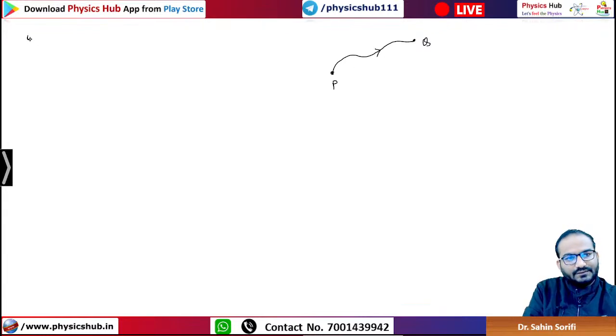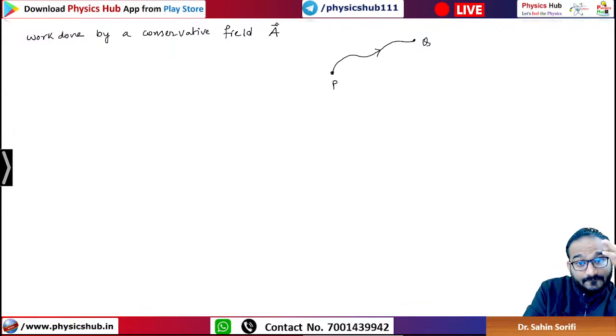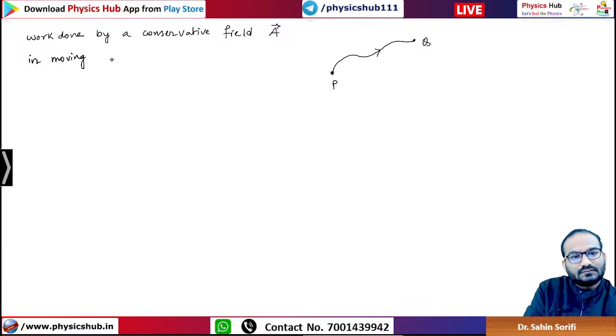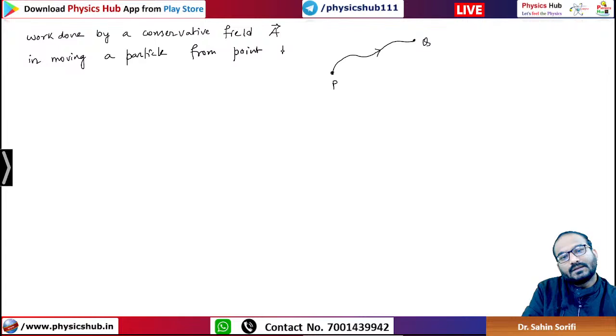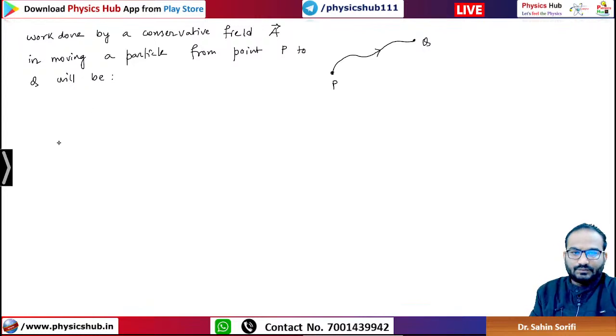So work done by a conservative field, let's say A, in moving a particle from point P to Q will be, what will be the expression?